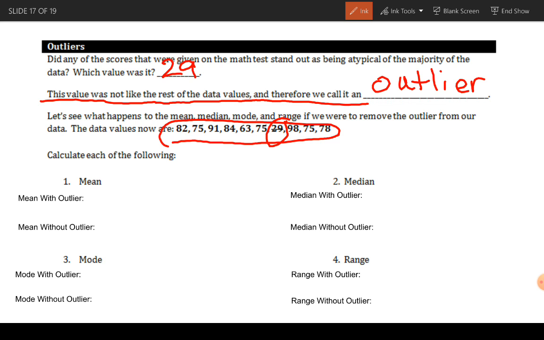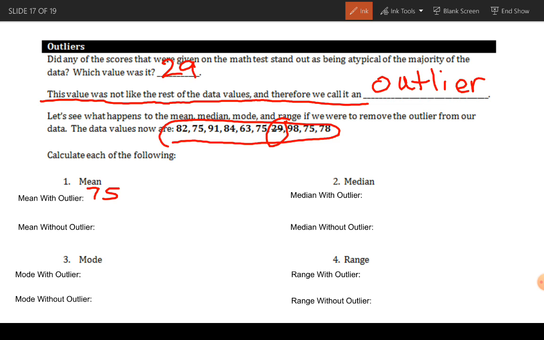Let's see what happens to the mean, median, mode, and range if we remove the outlier from our data. Okay, so our mean with that value, which we've already found when we did our mean example, was 75.